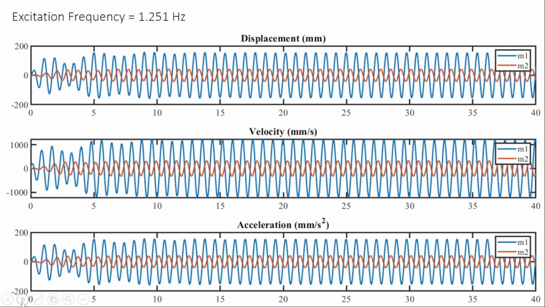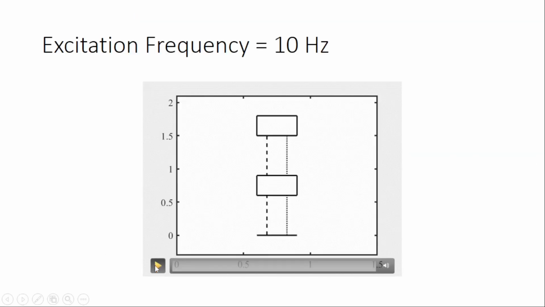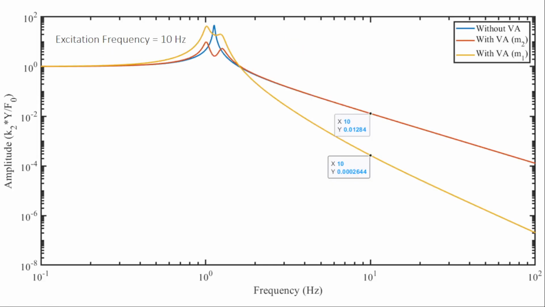Now if we move on to a higher excitation frequency, which is beyond the natural frequency of the machine, we will see that the amplitude of the vibration absorber is much lesser than the original machine.